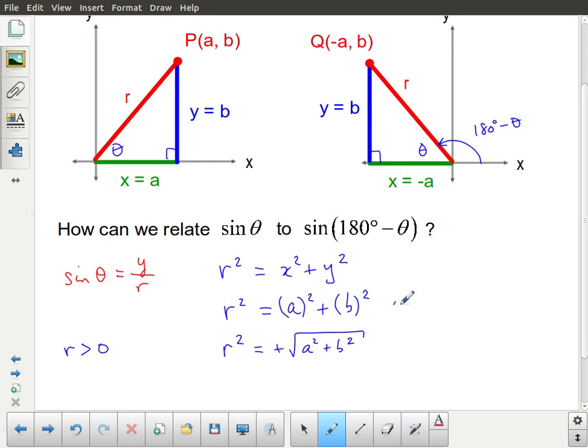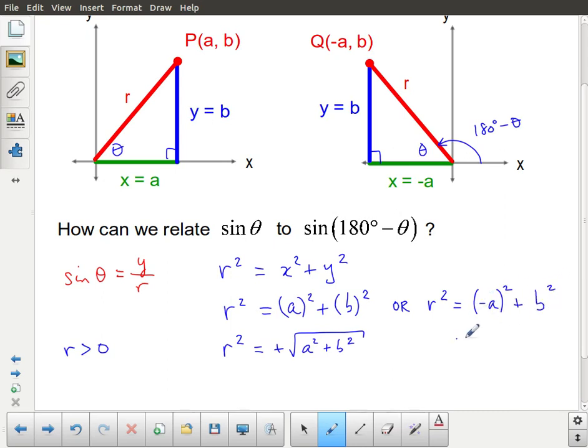How else could I have done this? I could have also, if this green and this blue was the same as this green and this blue for length, these r's should be the same. But this definition is not about triangles, this definition is about coordinates. So I could have also used that r squared is equal to the x-coordinate for the obtuse angle, which is negative a, but that's still all squared, plus b squared.